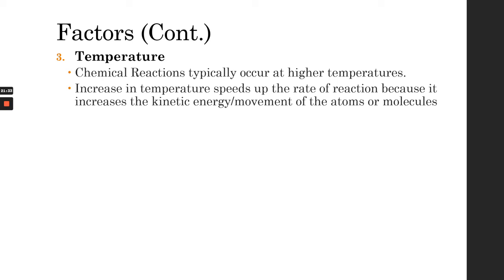So increasing their kinetic energy would also increase the probability of bumping onto different molecules, and not only bumping at a higher speed, but also more chances of bumping at the appropriate orientation, and that will result in increased reaction rate. Simple as that.